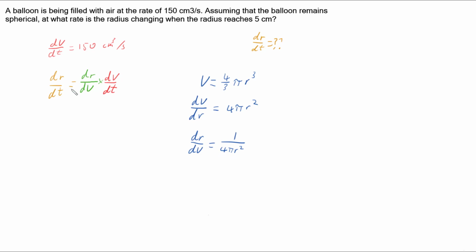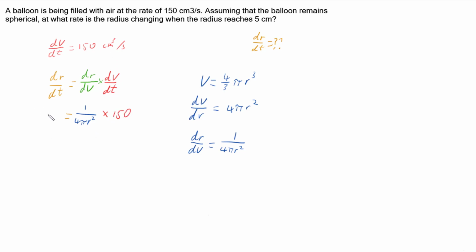So if I put this into my chain rule up here, I've now got dr/dV, which is 1 over 4 pi r squared, and I've got dV/dt being multiplied on that, which is 150.